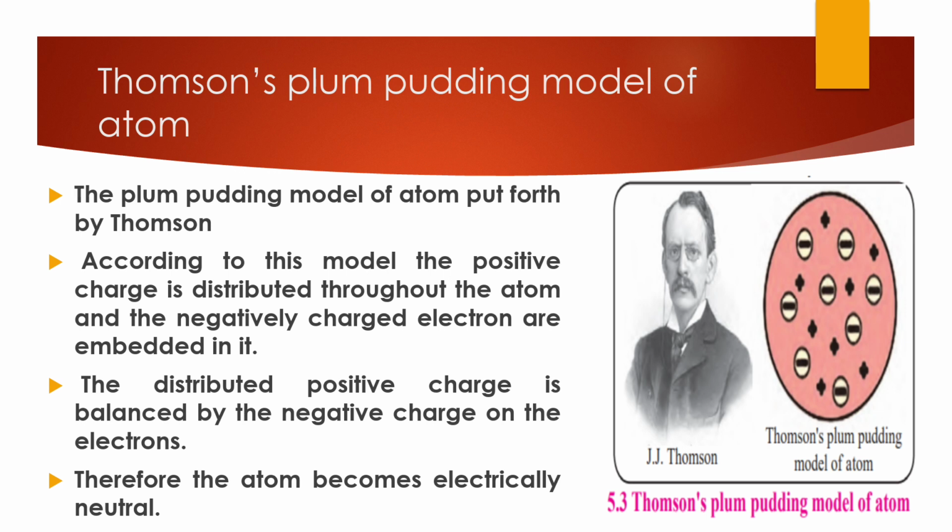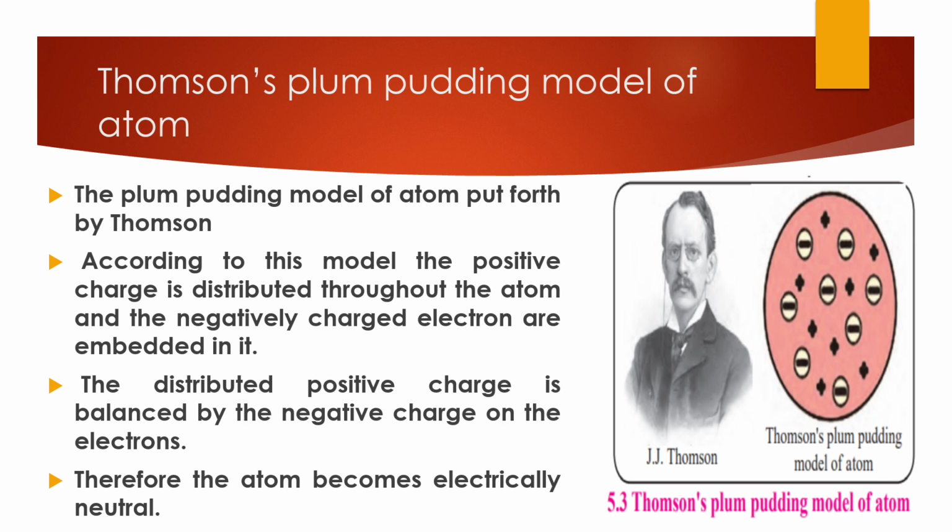Now, why is it the plum pudding model? Have you seen a watermelon? In a watermelon, you can see the red colored structure, on which the seeds, which are black in color, are present. What Thomson suggests is that the red color spread throughout the watermelon is nothing but the protons. So protons are distributed everywhere in an atom and electrons are embedded in it.